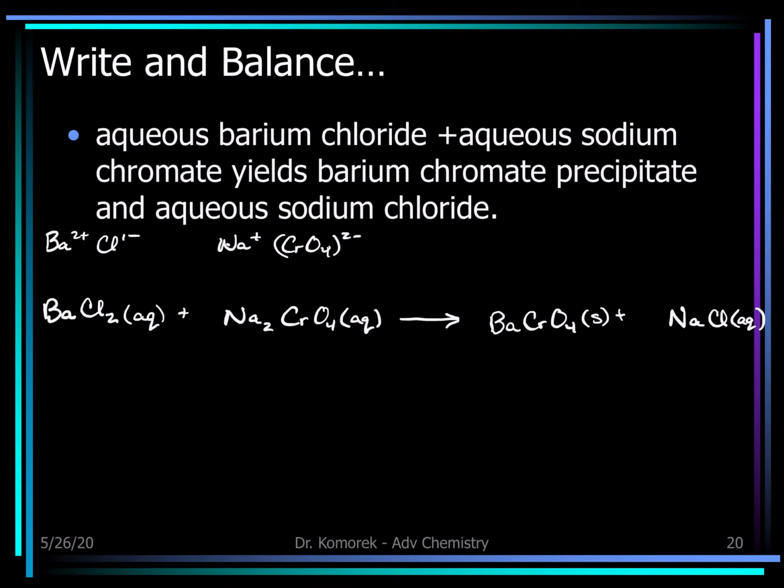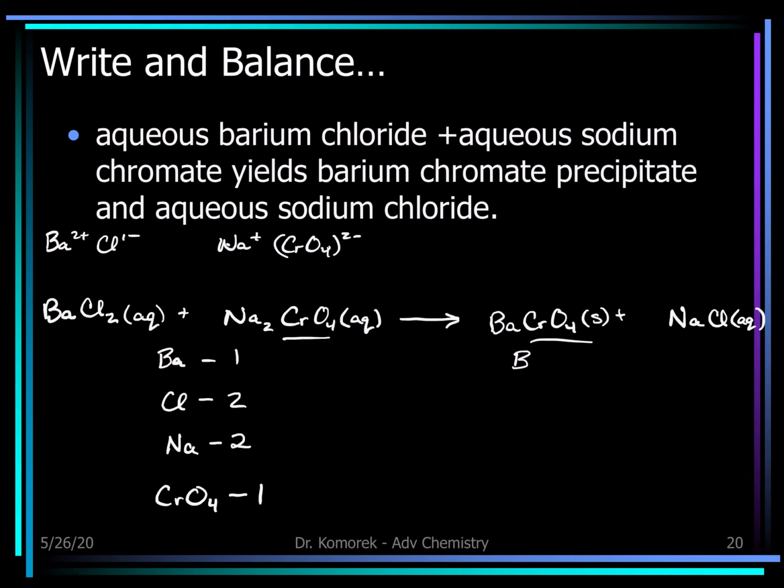Now, here's the first of the many tricks you'll learn. When you're listing the units of each, you have 1 barium to start with, 2 chlorines, 2 sodiums, and any polyatomic ions that appear on both sides, like we have here, can be kept together as 1 unit. So I have 1 chromate.